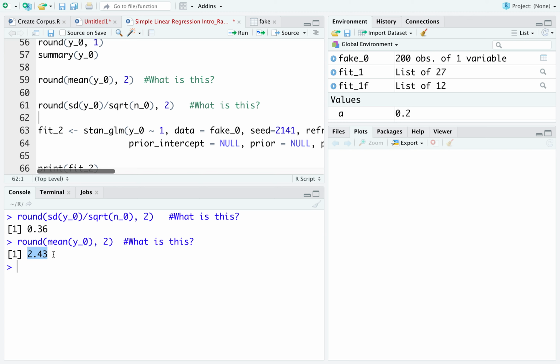Here was our estimate from 200 observations, but here's our standard error, our recognition that typically when we sample in this way and we have this many observations, we're going to expect to typically be off by around 0.36 in either direction. And in this case, we were off by more than that.